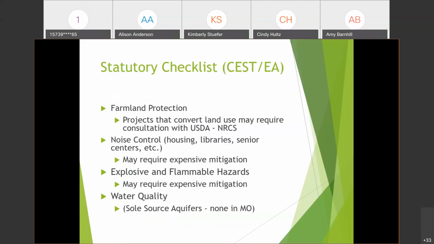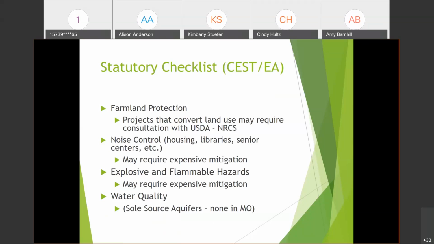Okay, for farmland protection, this would be anytime there's new construction or acquisition or converting one land use to another. There's questions you have to answer, and you should also print off a map of important farmland. There's a link on our form that takes you to this website.